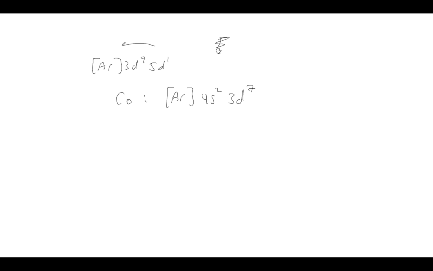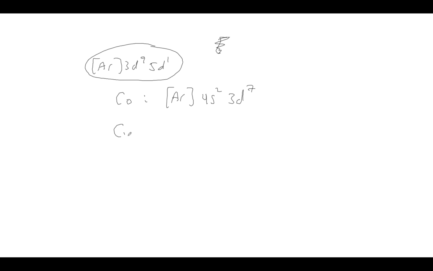So the number of electrons don't align, right? We need to make sure the number of electrons stays constant, but where those electrons are promoted or where they exist is not constant, right? So cobalt is not valid here, okay?